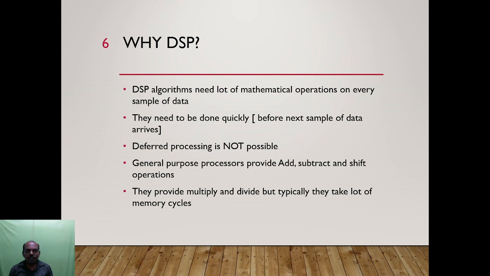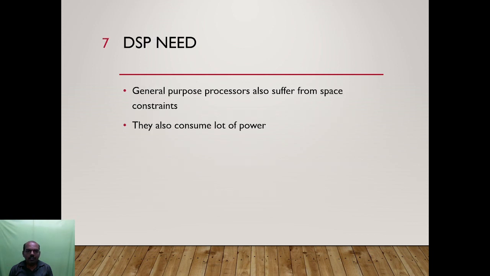General purpose processors provide add, subtract and shift operations. They provide multiply and divide, but typically they take a lot of memory cycles. General purpose processors also suffer from space constraints. They also consume a lot of power.